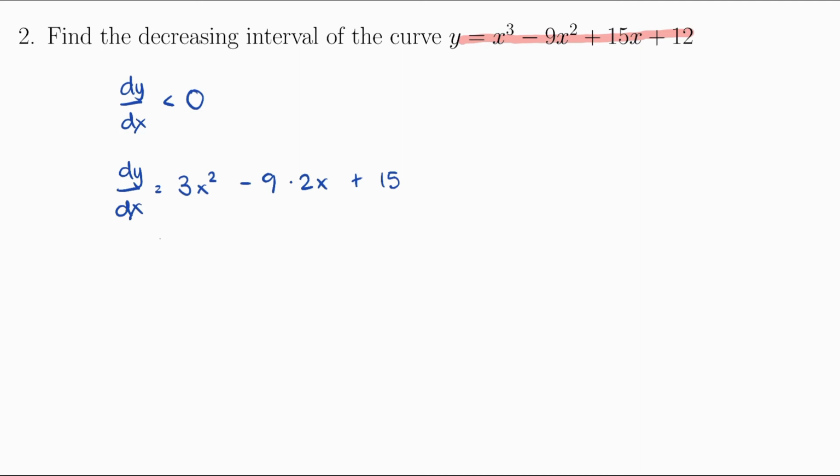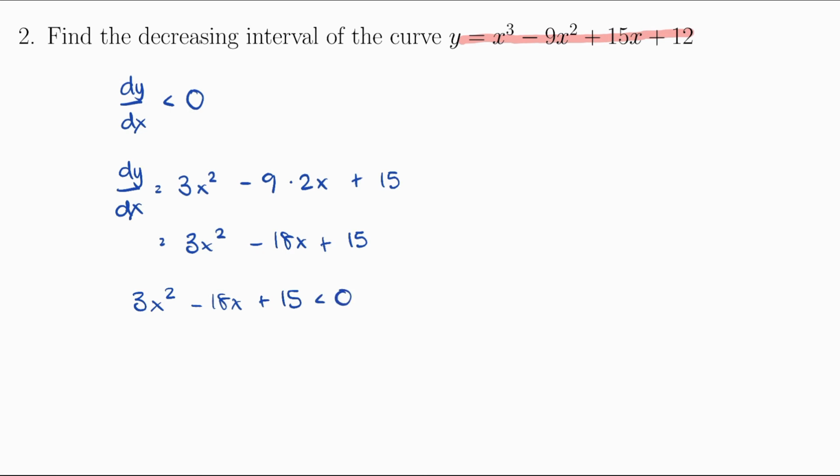Therefore, dy over dx is 3x squared minus 18x plus 15. So the decreasing interval of the curve are the x coordinates that satisfy the following inequality: 3x squared minus 18x plus 15 is less than 0.